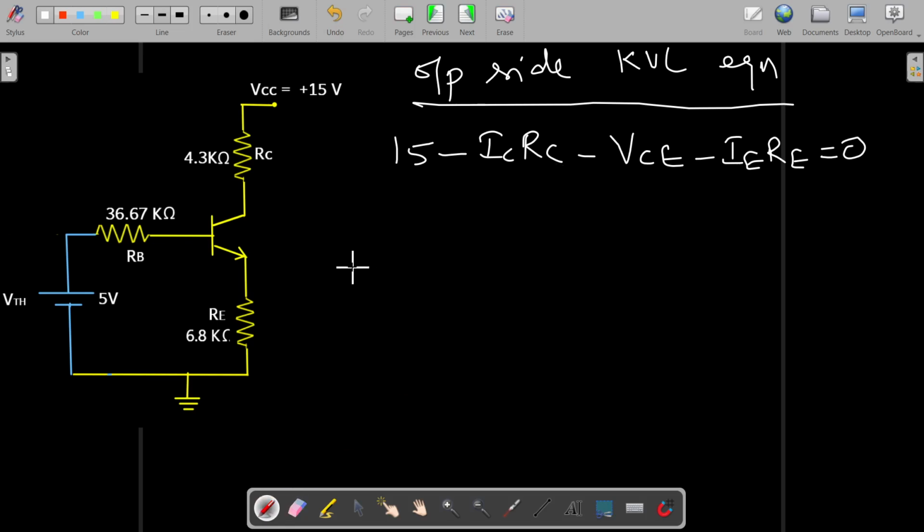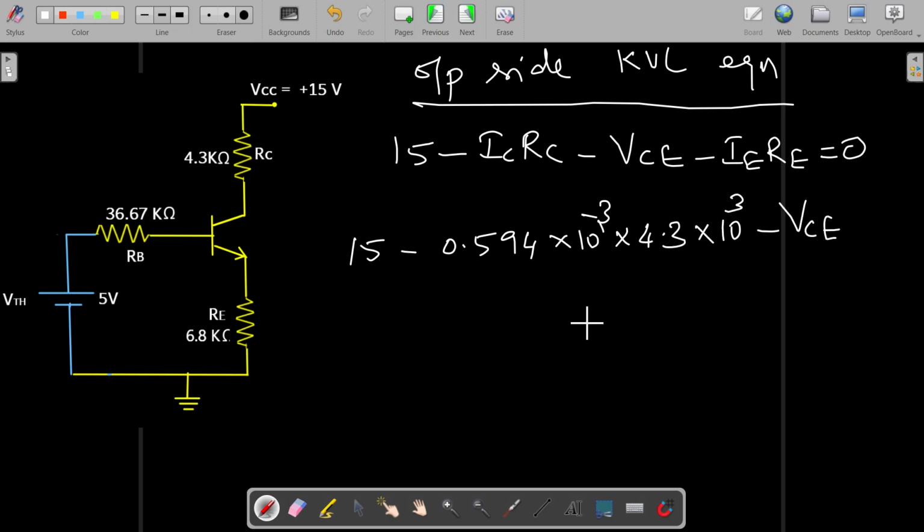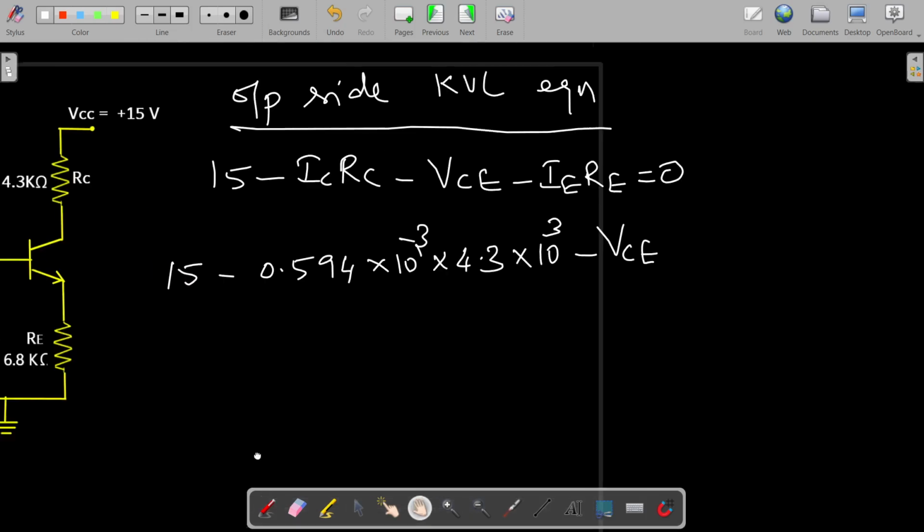So now we can substitute the values wherever possible. So IC value we have calculated just now as 0.594 into 10 power minus 3. RC value here is 4.3 kilo ohms, so it is 10 power 3. Minus VCE, we don't know this, which is to be determined by us.